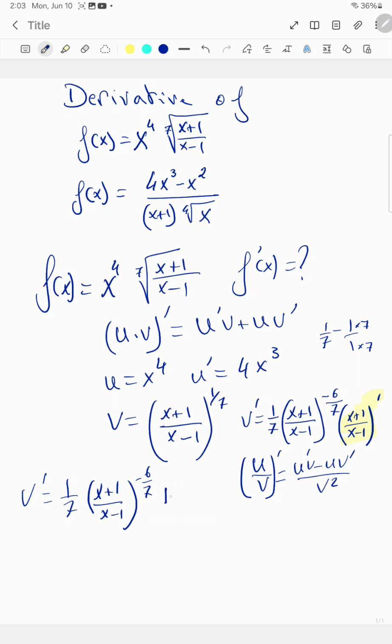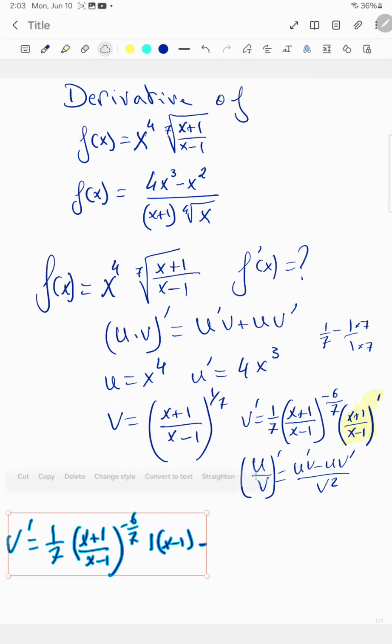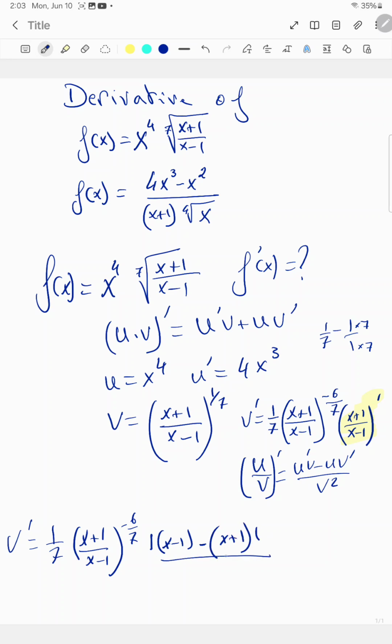So it is 1 multiplied by (x minus 1), u prime v, minus u v prime, let's bring it down a bit, minus u, which is x plus 1, times 1 divided by (x minus 1) squared.